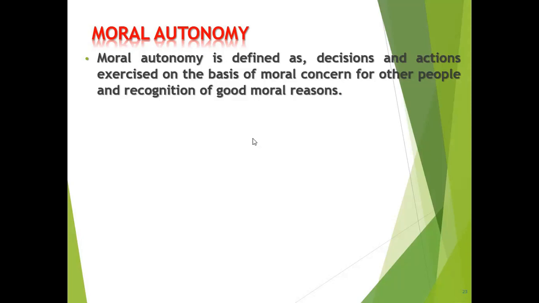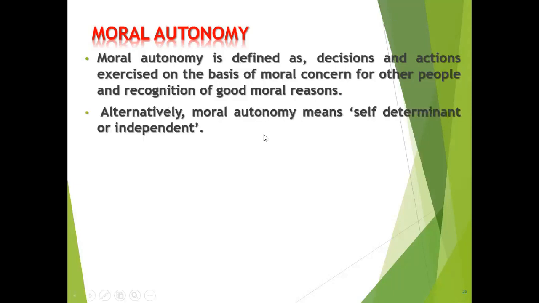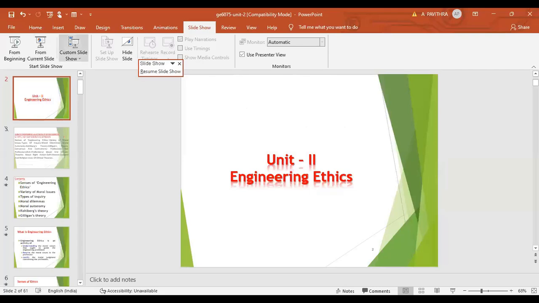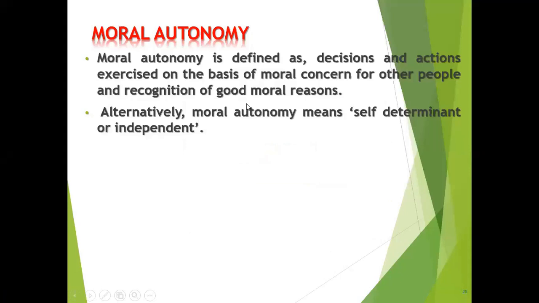It is defined as decisions and actions exercised on the basis of moral concern for other people and recognition of good moral reasons. Alternatively, moral autonomy means self-determinant or independent.